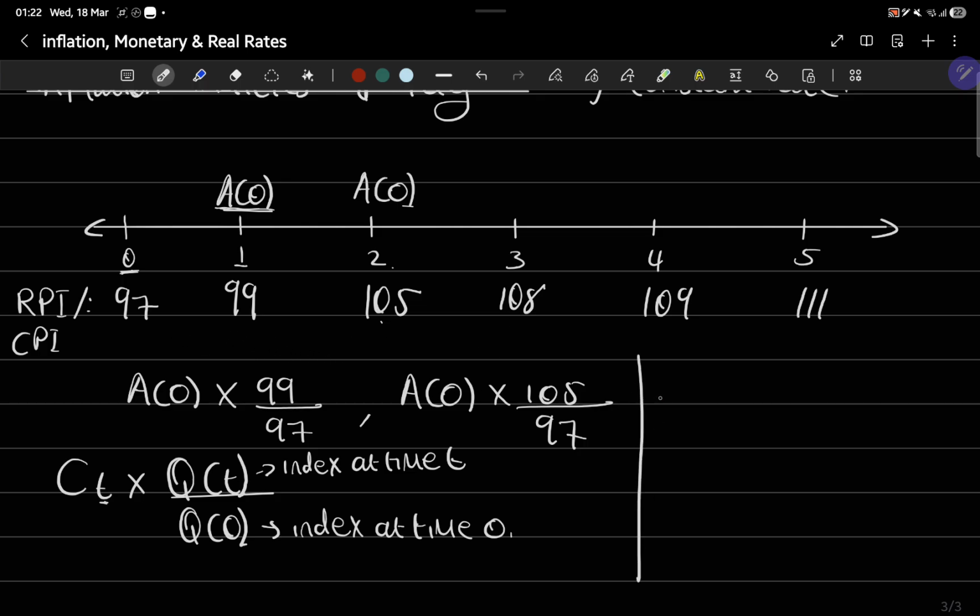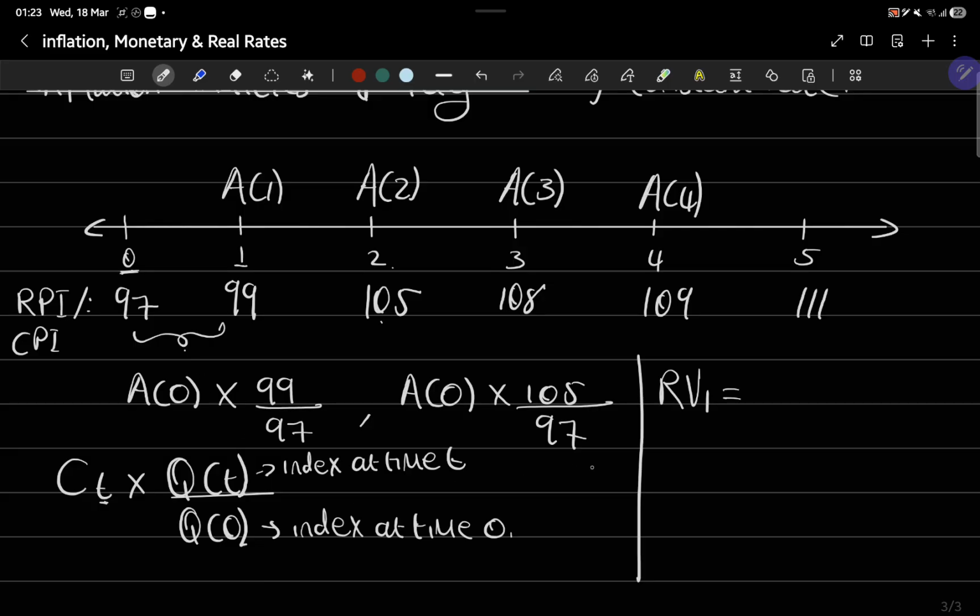Likewise, if you're given future cash flows, so if you're given A1, these are monetary values because these are future cash flows at specific times in terms of that time's purchasing power. To get the real values, for example the real value of 1, you just discount the growth in this period that was due to inflation. So you multiply A1 times 97 over 99.